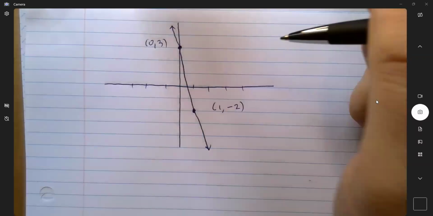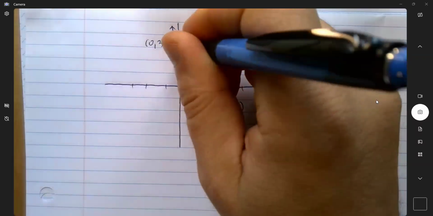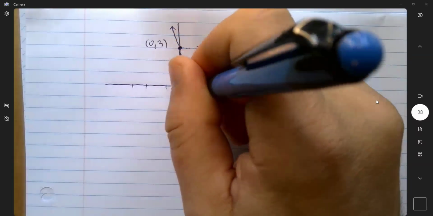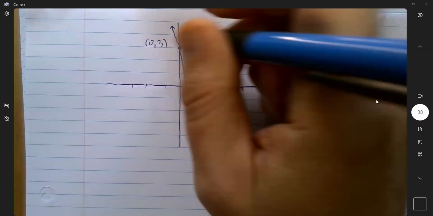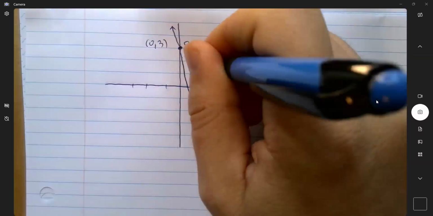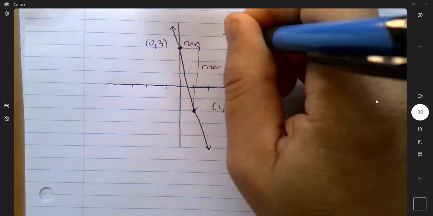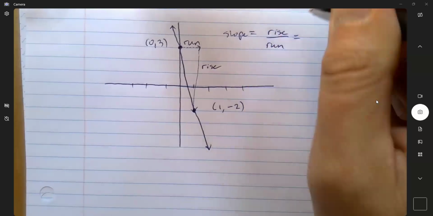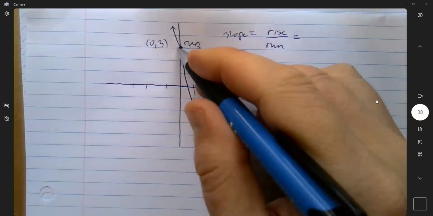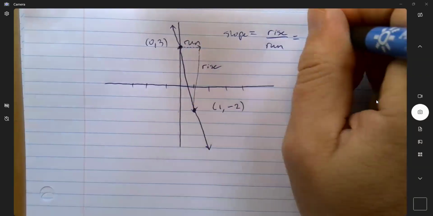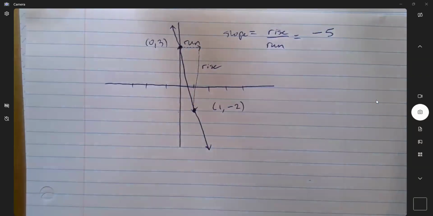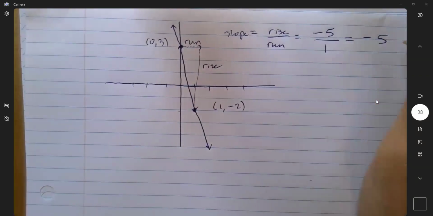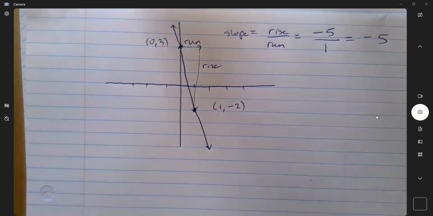So again, I'm going to think about my rise over run. Let's run one step this way, and then the rise is actually a negative. So the run is here and the rise is there. Slope, which is rise over run. Well, the rise goes from 3 down to -2, so that rise actually goes down 5. And the run is 1. And so the slope is -5.